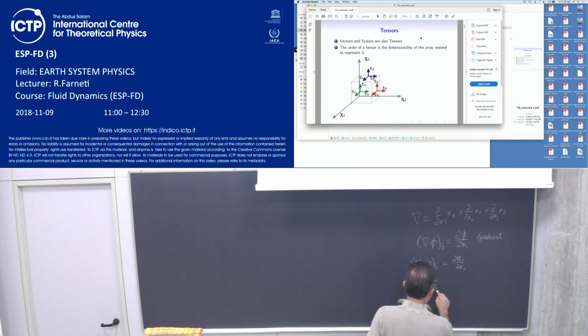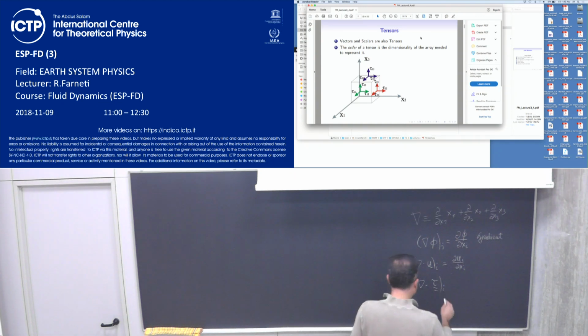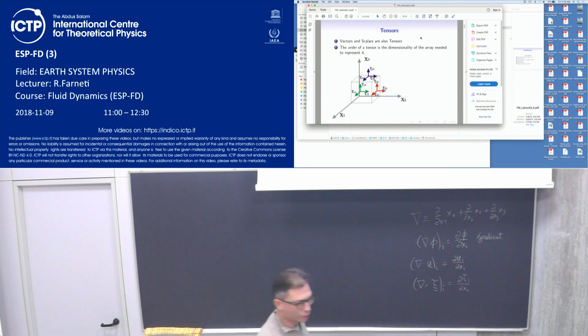So for example, you have a stress at the surface with all its 9 components, okay? And this is going to be the divergence of our second order tensor, okay? This is how we're going to write it.